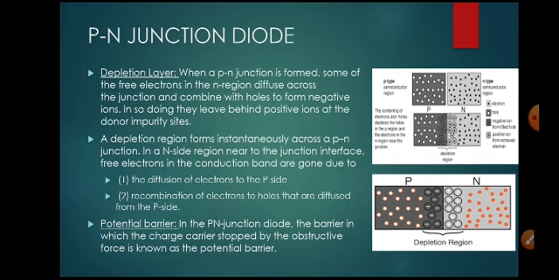Due to this random motion, the net average velocity of the charge carriers in any direction is 0. So there is no current through the crystal under the no field condition.